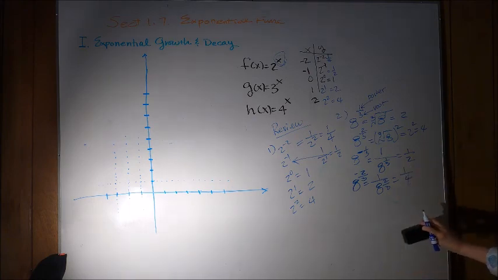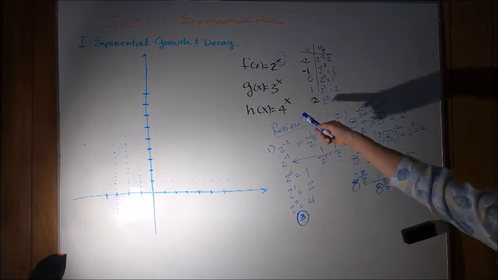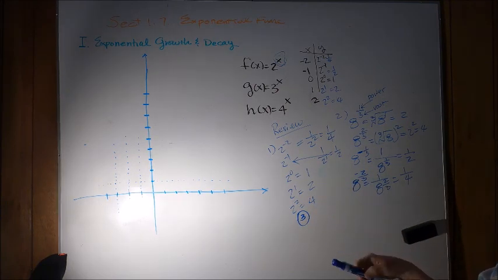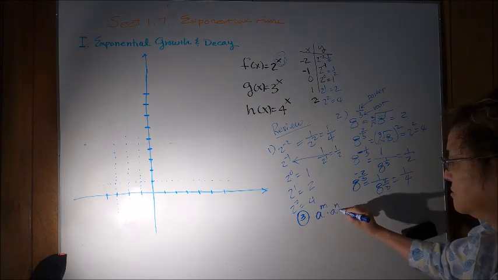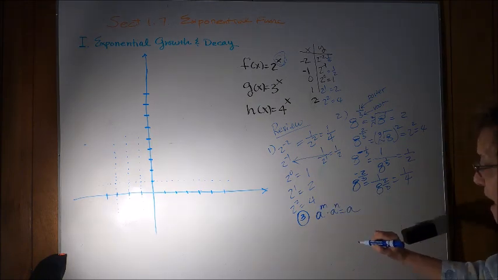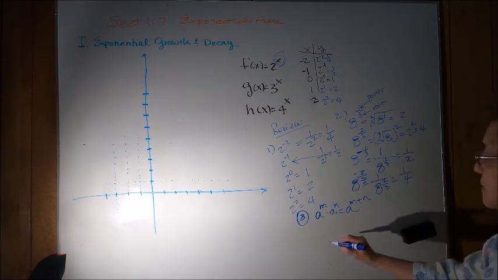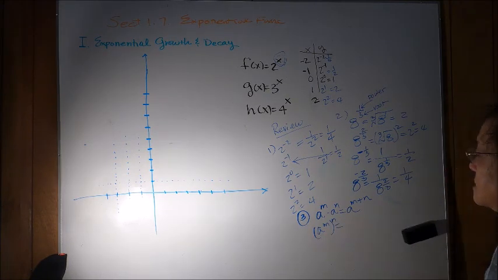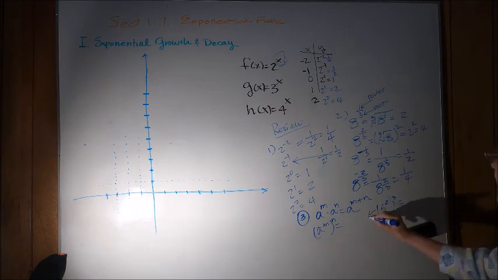Okay. We also talk about, because the variable is in the power position, we need to know how to operate on the powers, right? a to the m times a to the n is what? How many a's do you have? m plus n, right? Product property. So if it's a power on a power, what do you think? 5 to the second power to the third, how many 5s do you have?